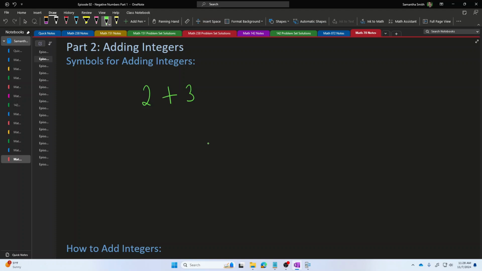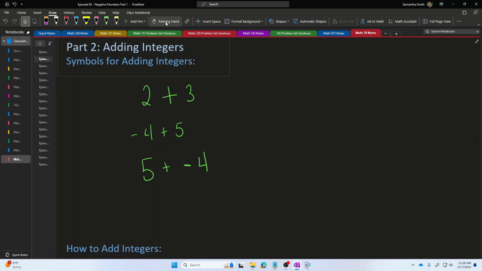Now, if you want to add maybe a positive number and a negative number, then you could write something like -4 plus 5. And this would represent add -4 and 5 in symbols. Or you could put the -4 in the back.